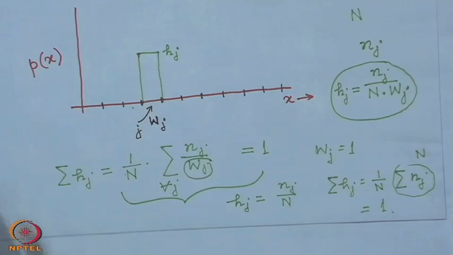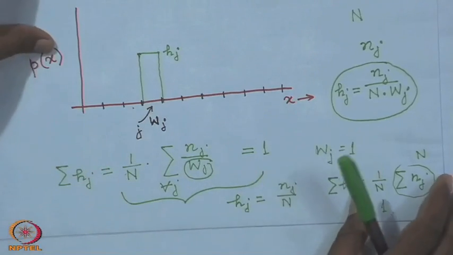Given this, in summary, I have a large number of samples of the variable x. The x axis of the probability density function, which represents my variable x, is broken into a number of intervals, and for breaking this into a number of intervals, I have to have an idea of the minimum value of x and the maximum value of x, or in other words, the range of x.